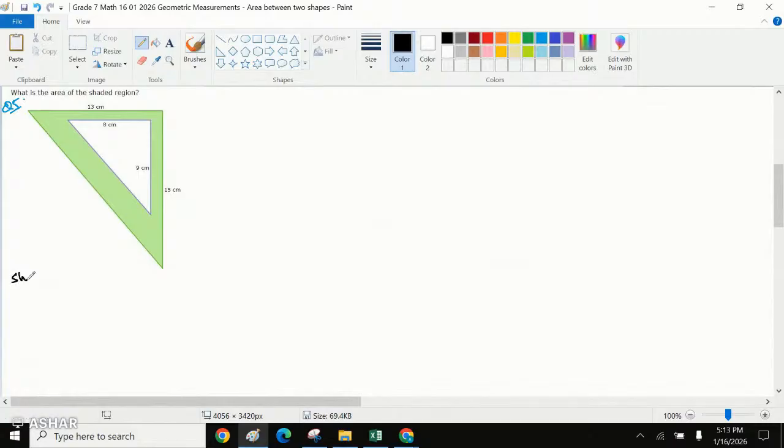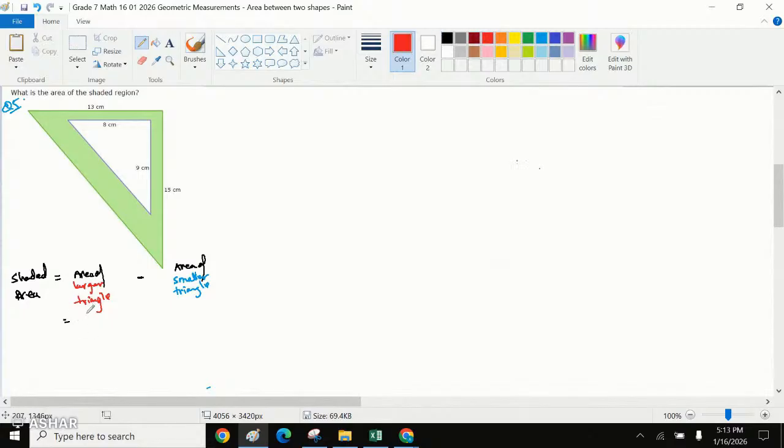So can we say the shaded area would be equal to the area of the larger triangle minus the area of the smaller triangle. And we know that the formula for the area is half into base into height.